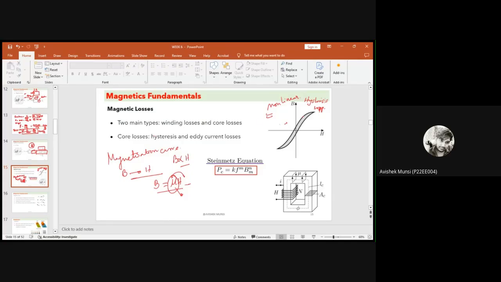So why is this called a hysteresis loop? Because from here you can see that it is energized up to a certain point and then it is demagnetized. So it requires magnetization and demagnetization processes. We require energy to magnetize it, and again we require energy to demagnetize it in a loop.